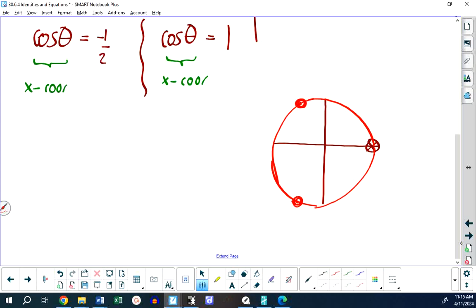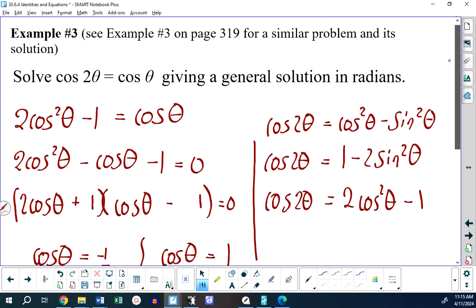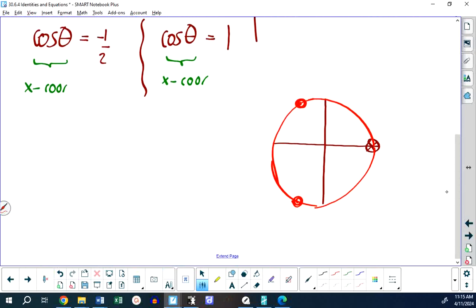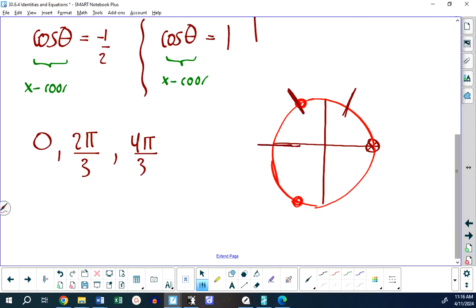So that means, and I'll remind you of something, when you're looking for a general solution, my advice is just go for 2 pi and then start adding multiples of 2 pi. So if I just list these off, going from 0 to 2 pi, I would say 0, 2 pi over 3, and 4 pi over 3. Right, 0, 1 pi over 3, 2 pi over 3, 3 pi over 3, 4 pi over 3. My circle's a little monstrous, but that's okay.